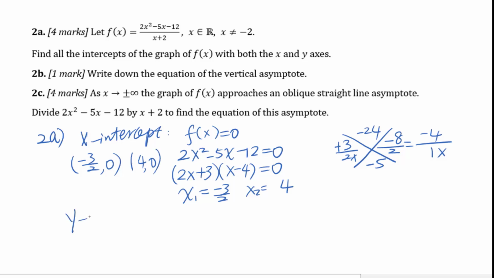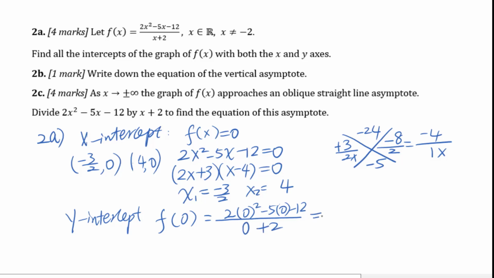For the y-intercept, we will get f of 0, turning every x into 0. So we have 2 times 0 squared minus 5 times 0 minus 12 over 0 plus 2 equals negative 6. So 0, negative 6 is the y-intercept.